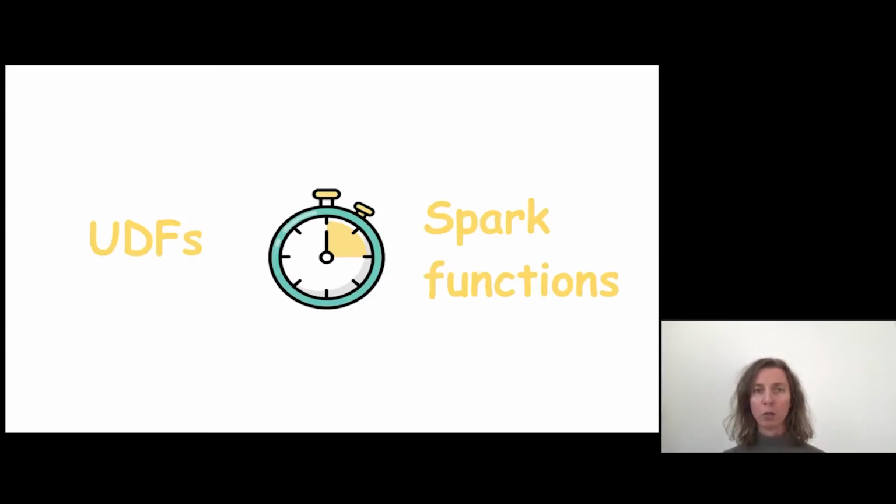We will put theory into practice by looking into a few out of many Spark optimizations and see how the fact that we use UDFs influences the performance of Spark. We will compare the performance of queries that use Spark functions and queries that use UDFs.